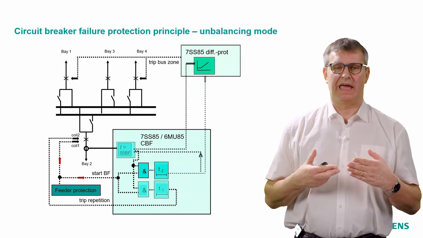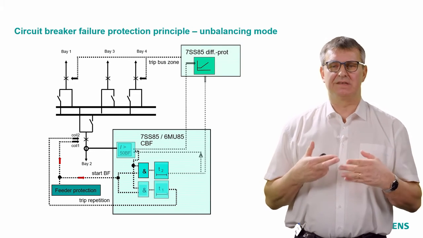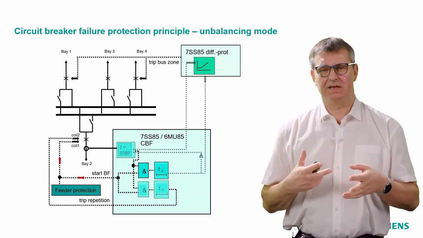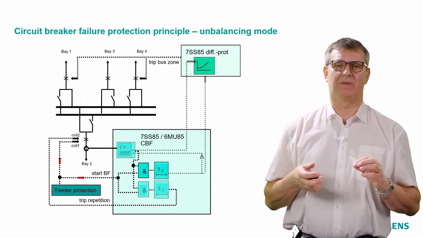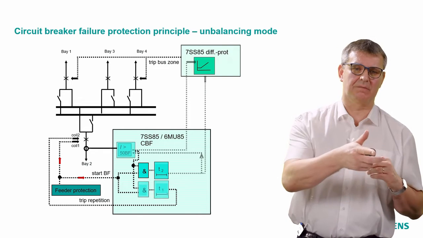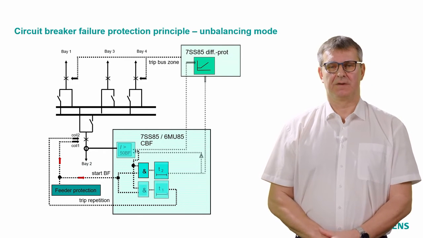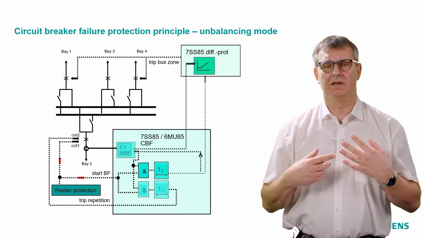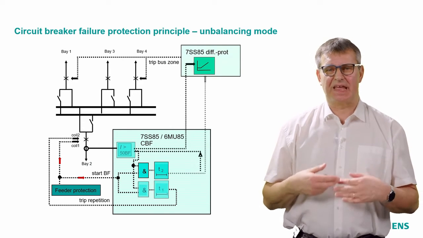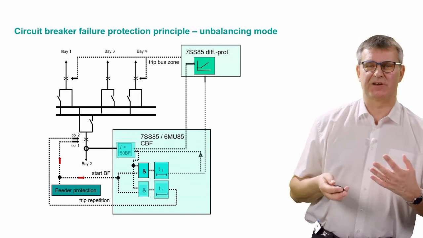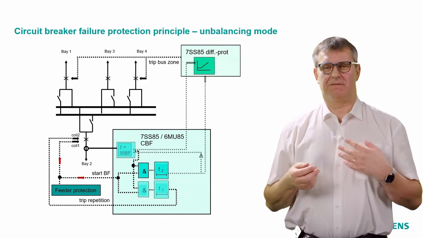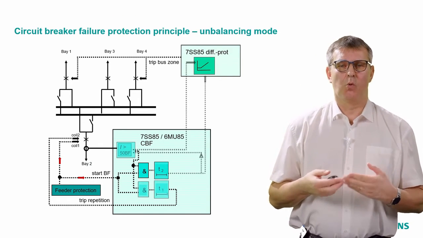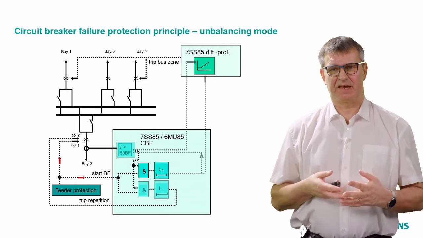In parallel, the device is unbalancing, meaning it multiplies the current of this feeder by -1. Then, via the normal algorithm with the same mechanisms of the busbar differential protection, the device looks whether we are in the tripping area or not.